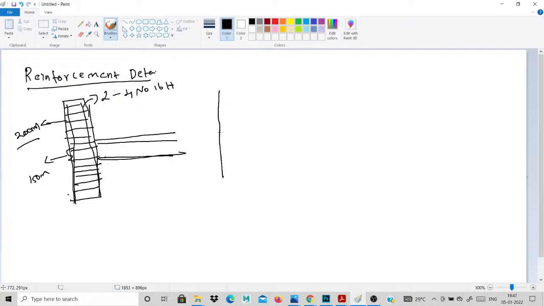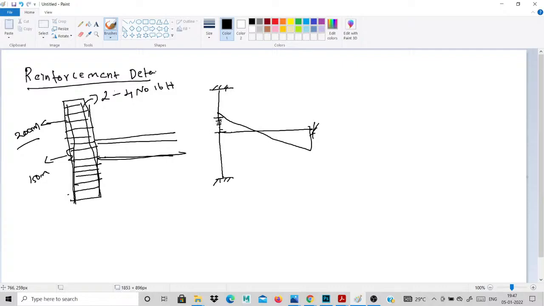I simply draw this end. This is our fixed end. See, this is our fixed end, this is also a fixed end. I simply draw the shear force diagram. See this, this is our shear force diagram. Shear force will be acting on this beam and on some of the column portion also.